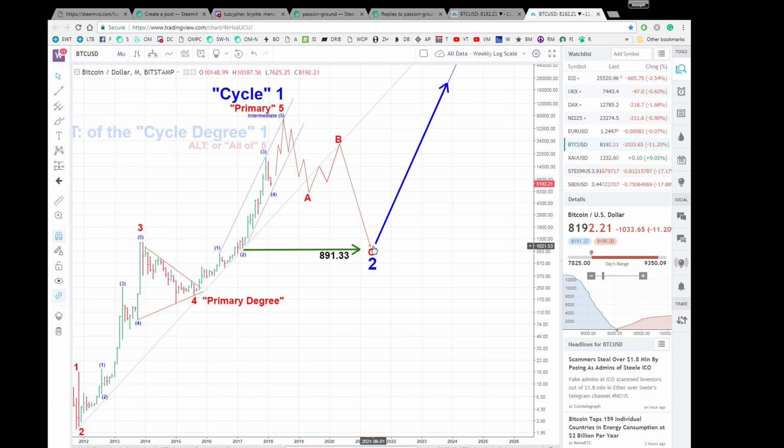And then of course you start again with the 3 steps forward. And this is all done in a fractal nature. Fractals occur in nature across the board. So these structures, these 3 steps forward, comprise 5 waves.